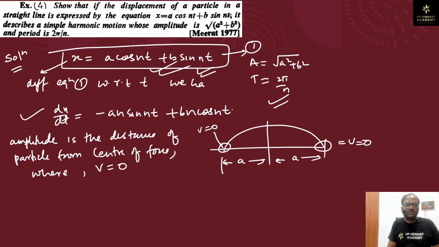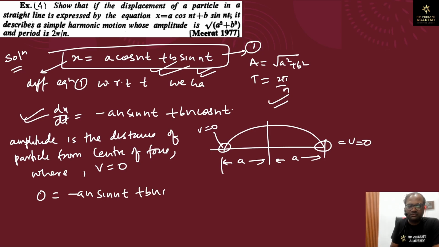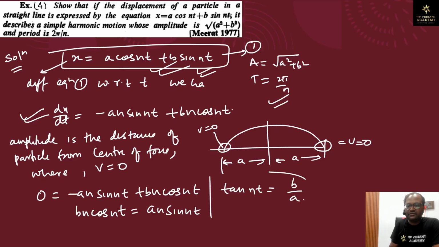So let us put v equal to 0 in this particular expression. So we have 0 equal to minus an sin nt plus bn cos nt. So we have bn cos nt equal to an sin nt. So tan nt is equal to b upon a.